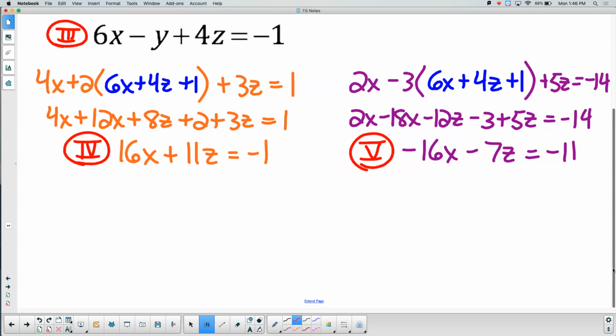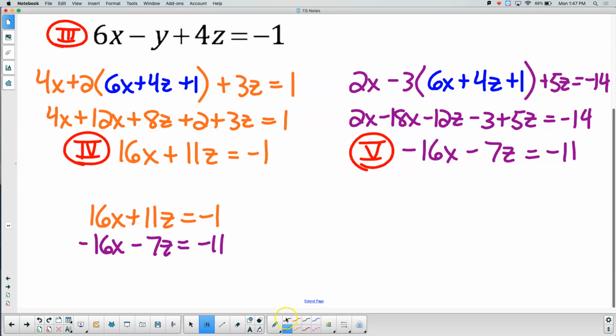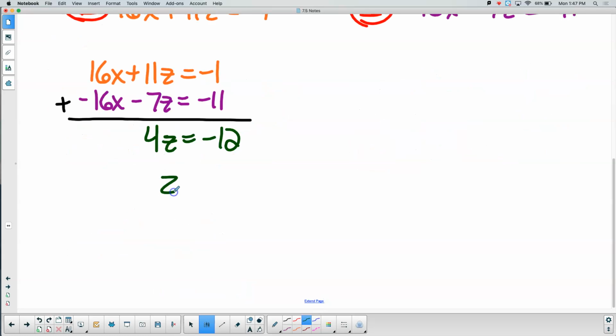Then if I add 4 and 5 together, I got 16x plus 11z equals negative 1, and negative 16x minus 7z equals negative 11. Add those two together because it's set up for elimination. That gives me 4z equals negative 12. So z is negative 3.